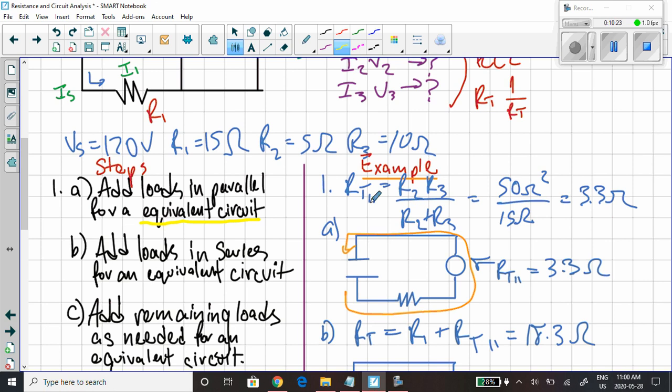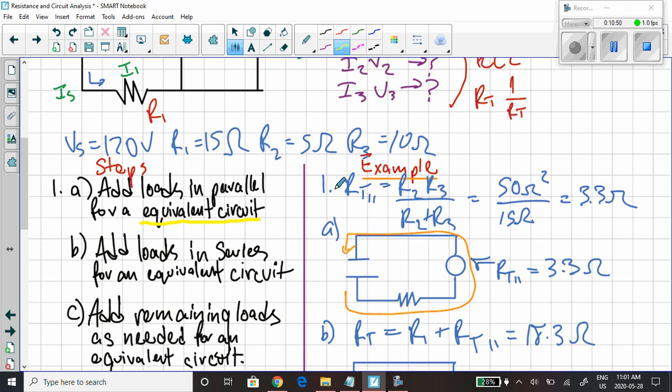Okay, so one of the ways that we can find parallel total resistance is this other nifty way that some of you may like to do. If you want to find R total parallel, a neat way of doing it is simply multiply the two of them that are parallel in the numerator and divide by the two added together.